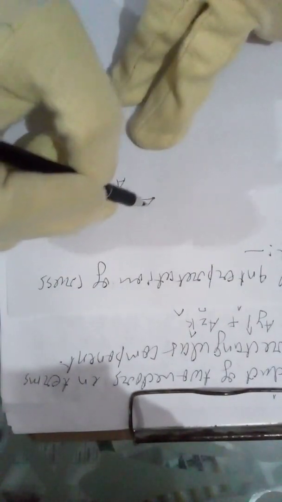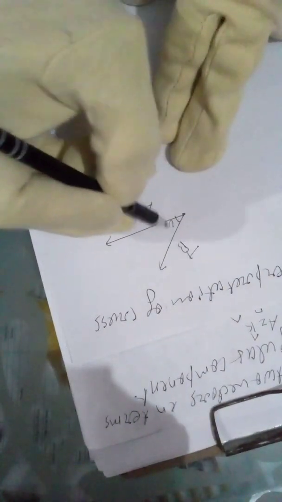Suppose this is your vector A and this is your vector B. These two vectors are inclined at angle theta.